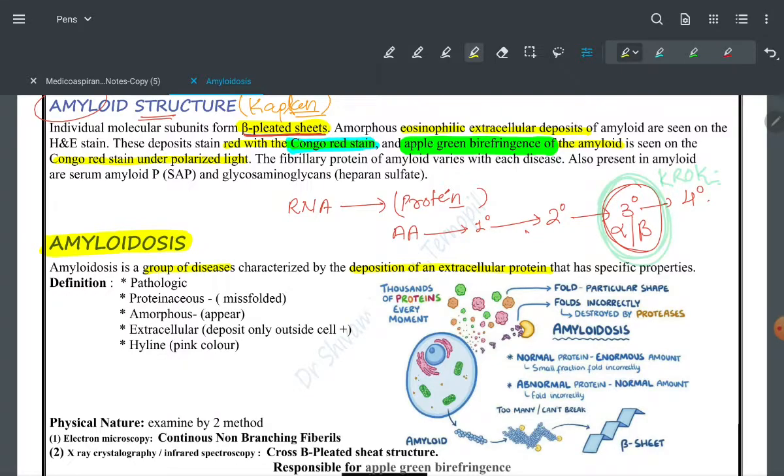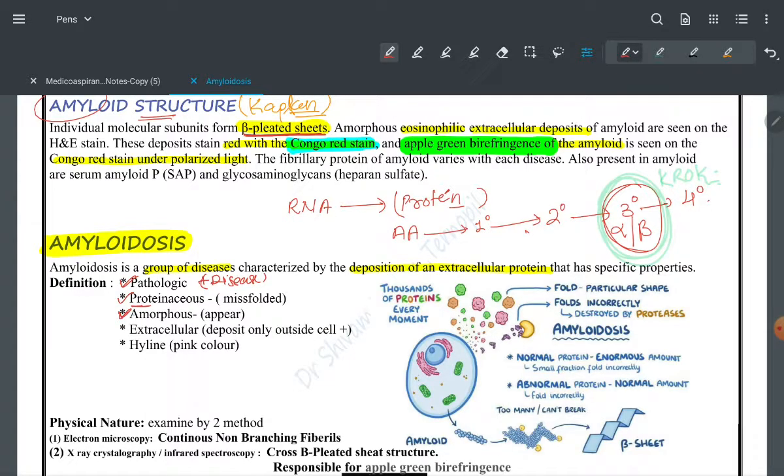So what are those properties? They are always pathologic, so they will be formed only in the presence of disease. And the second one, it is proteinaceous in nature, a misfolded protein, as you can see in the Kaplan definition also.